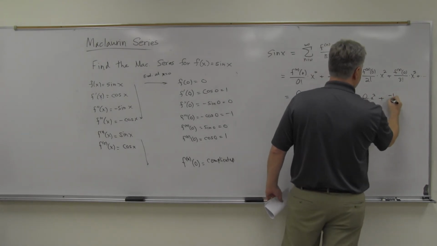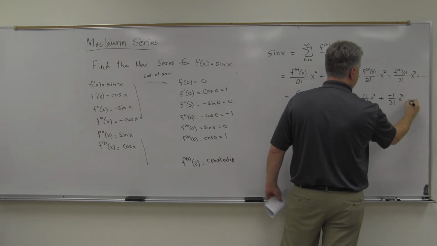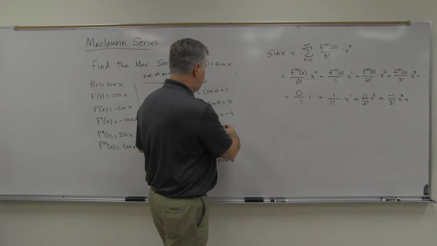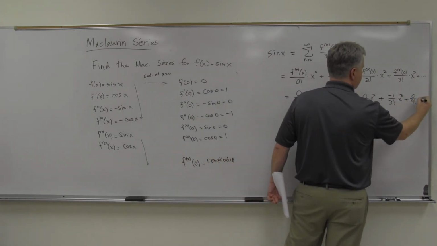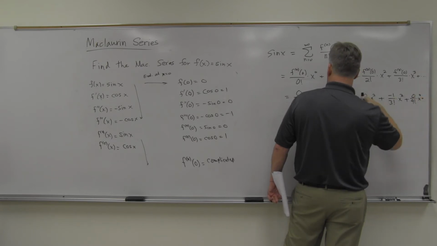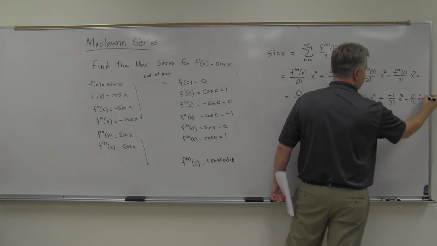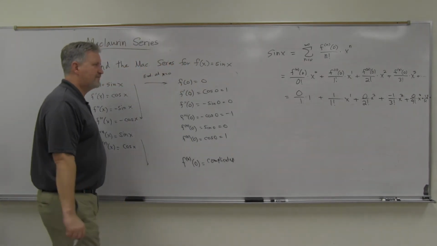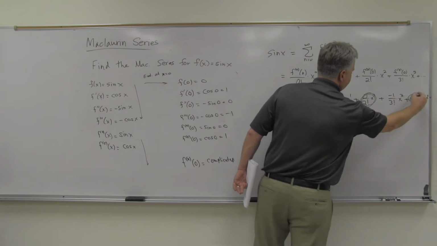Third derivative is negative 1. The fourth derivative is 0. And then we're back to 1 on the fifth term. It'll be over 5 factorial times x to the fifth. Okay, so on. So all these even terms are zeroed out.